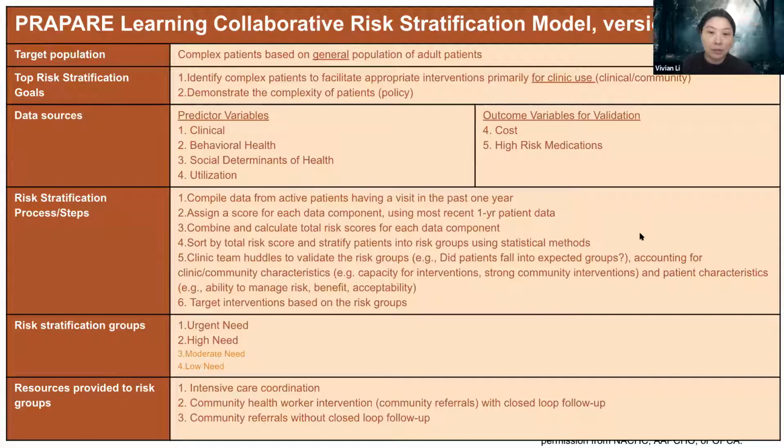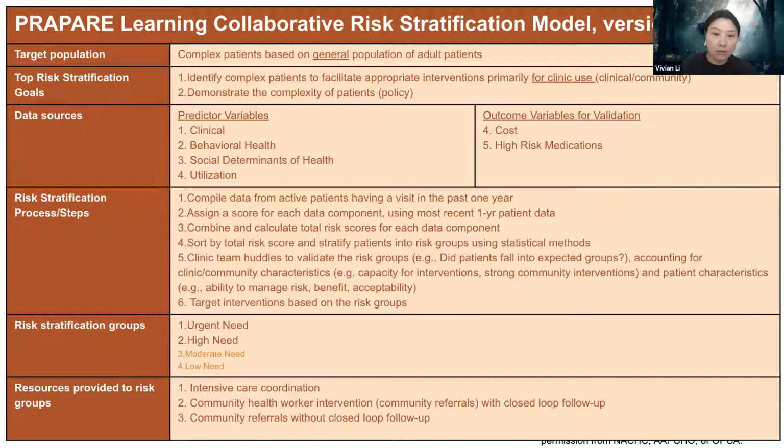So here is the model as a whole, and I know there's a lot of text on this slide, but basically the model's target population is the general population of adult patients. And the top risk stratification goals are to identify complex patients to facilitate appropriate interventions primarily for clinical use, and also to demonstrate the complexity of patients for policy purposes.